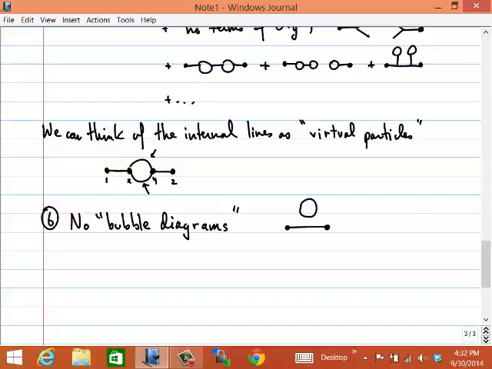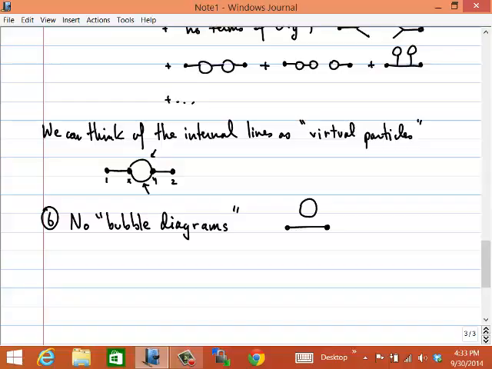This will become clearer when we work out the Feynman rules using the path integral derivation, because there we'll need to keep track of the normalization factors that tell us the norm of the ground state. We'll see explicitly that bubble diagrams appear, but they all magically cancel out once you normalize everything appropriately. But right now, it's just one more rule for you to keep track of in our perturbative expansion.